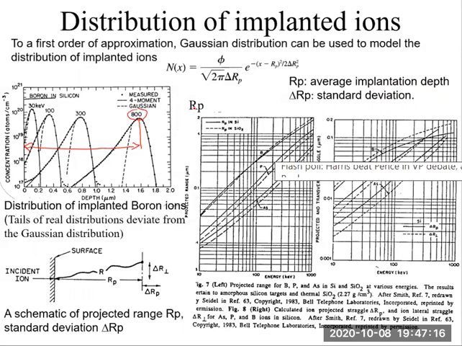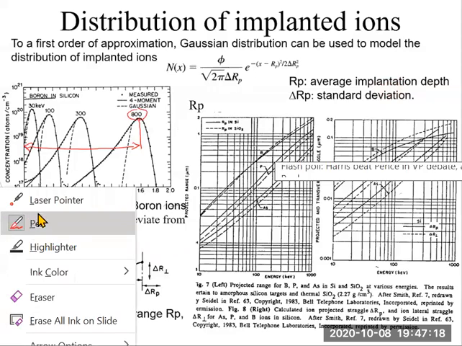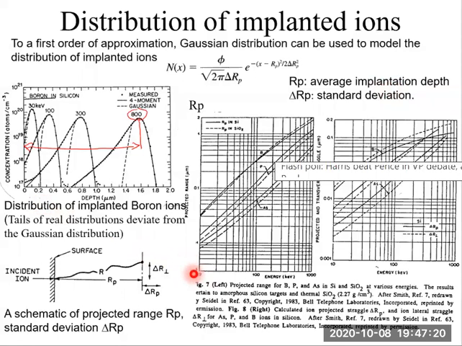So this figure plots Rp as a function of implantation energy: Rp for boron, phosphorus, and arsenic in silicon and silicon dioxide at various energies. The solid lines represent the results in silicon. Dashed lines represent Rp in silicon dioxide.